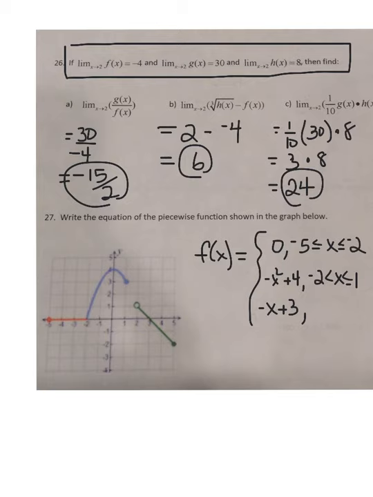And let's check out the domain for that one. So the domain starts at 2, but it doesn't include it, and it ends at 5, and it does include it. Okay, so that's going to be 2 is less than x is less than or equal to 5. And there's your answer.